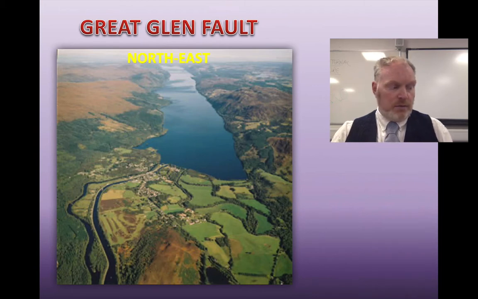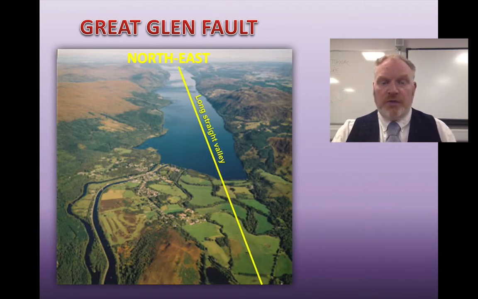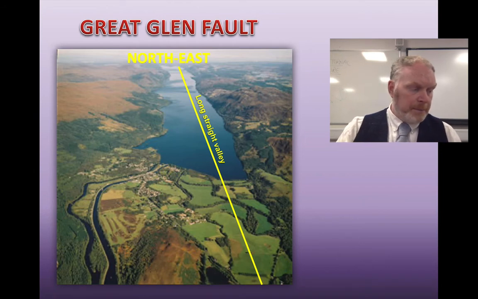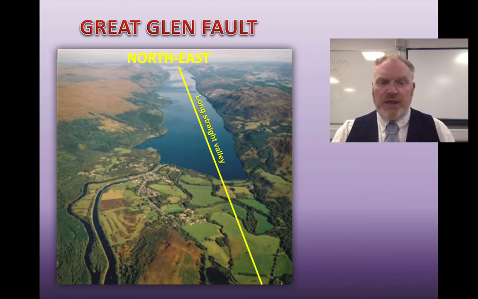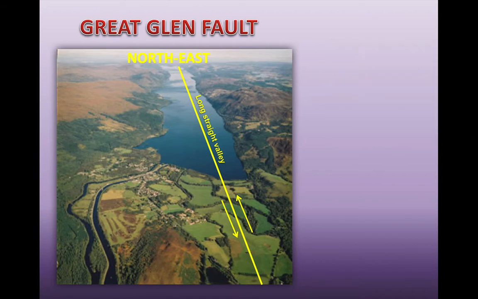With this, we can see we've got this very long straight valley, indicative of this being a fault. And now see which side has moved. The left side has moved towards us, which makes this a left lateral or sinistral strike slip fault.